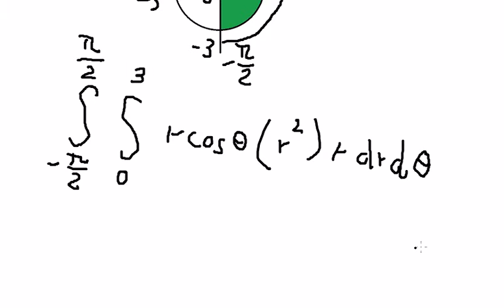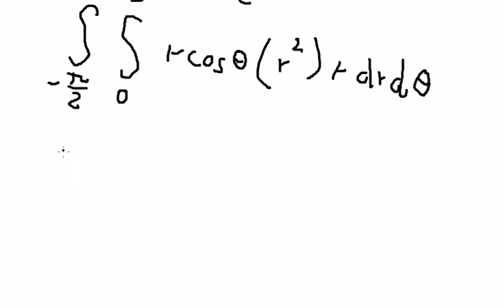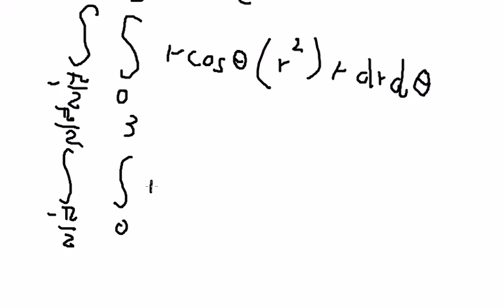Now we just calculate this integration. So you got r to the power of 4 cosine theta dr d theta.